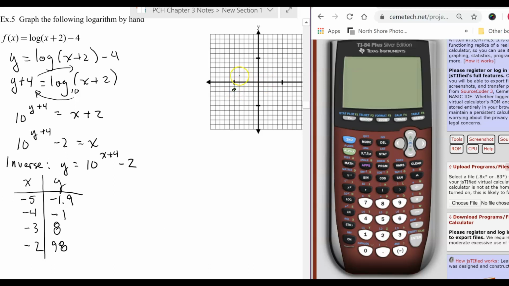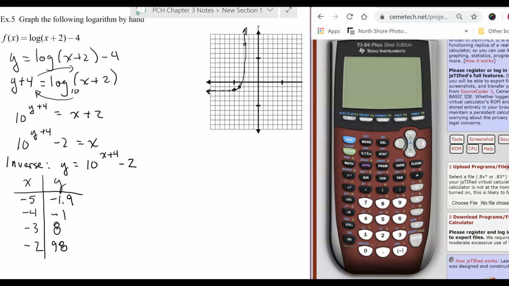And -4, -1, -3, 8. All right, and that looks like that's all we're going to get. All right, and let's connect those with a curve. So it's going to look something like this. It's going to go up here in a hurry.